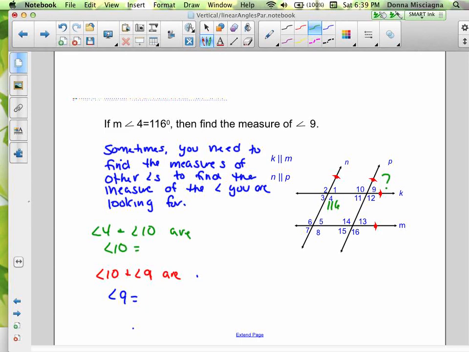What kind of angles are angle 4 and angle 10? Notice they are between those parallel lines, between N and P, on opposite sides of line K. So those are alternate interior angles, and they're formed by parallel lines.